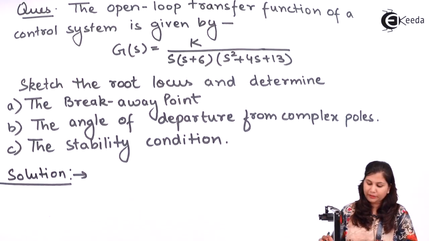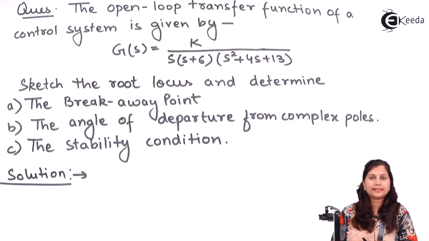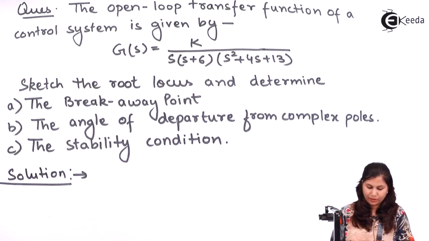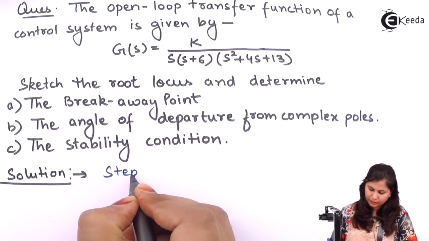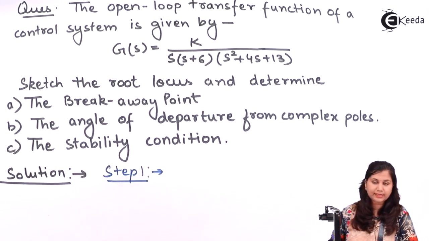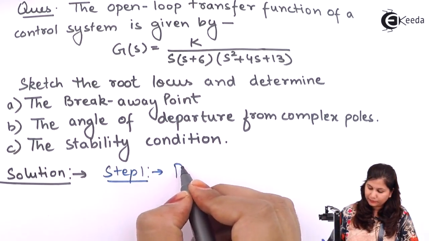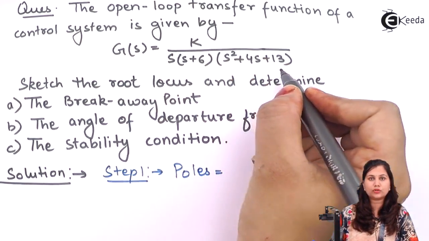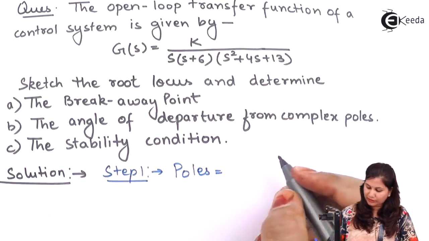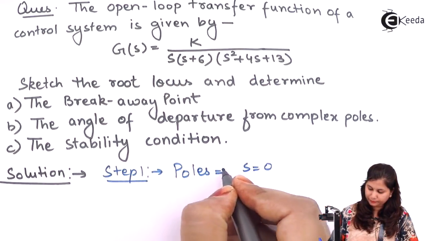Our first step will be to find out the poles and zeros of this system. Poles will be obtained by equating the denominator terms to 0. So first we will have s equals 0.